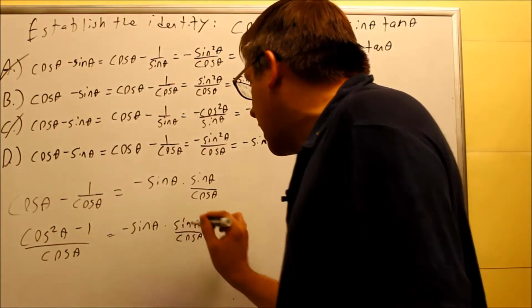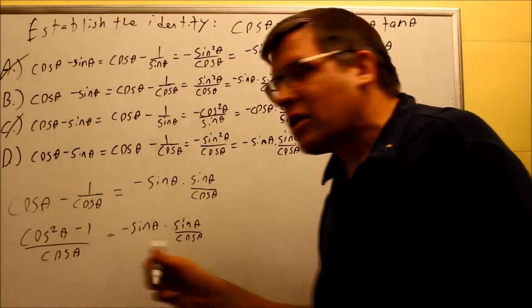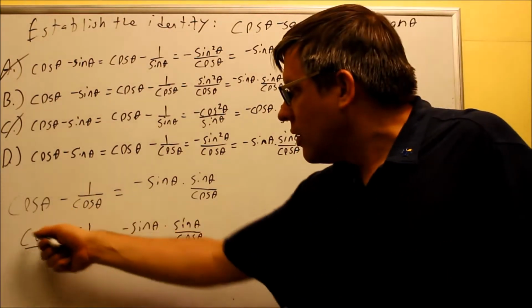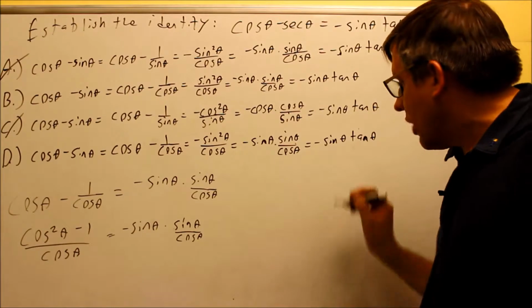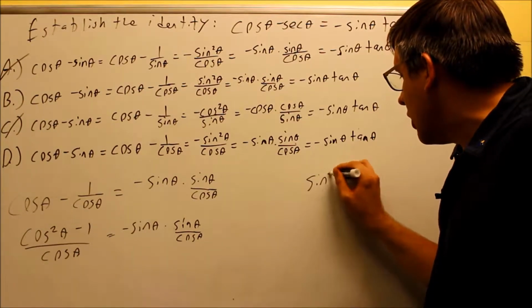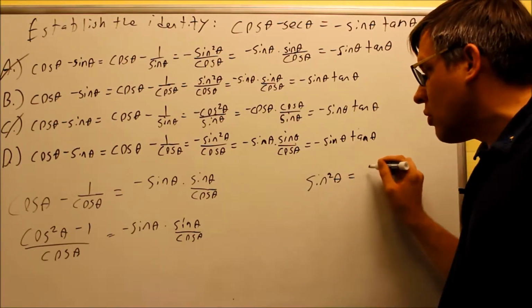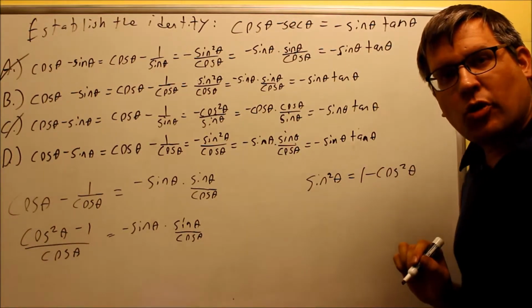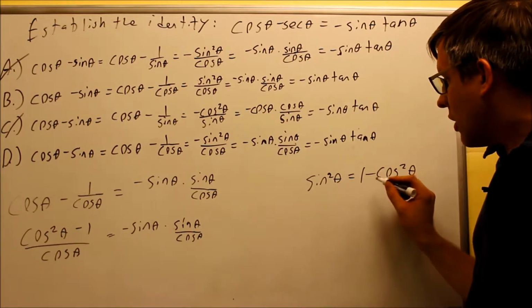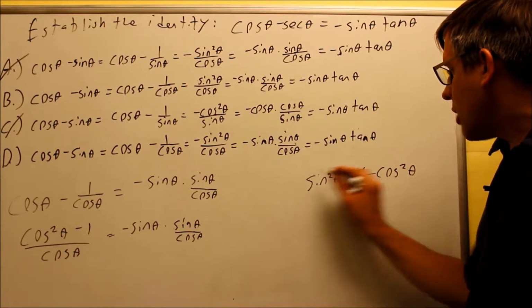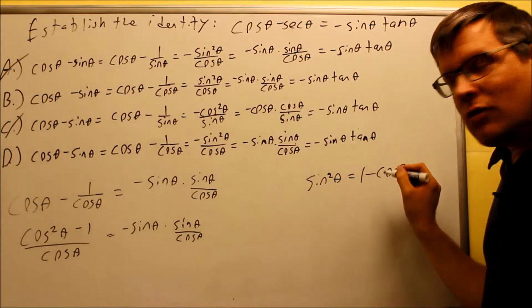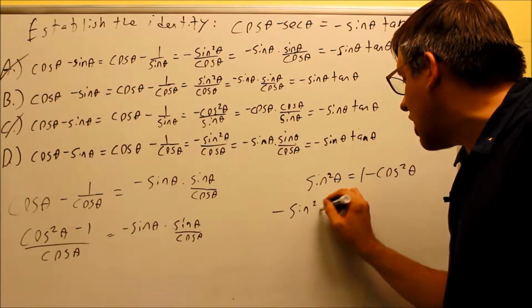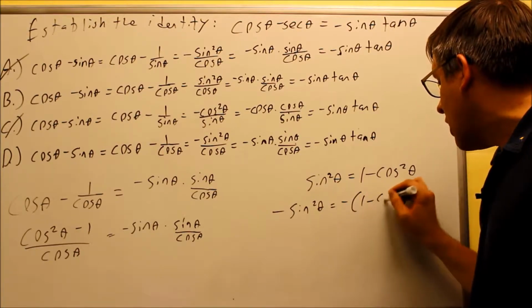Okay. Next, I'm going to look at my list of identities that I had on the board for the previous examples. I want to pick one that looks like this. Now when I look through, I notice that I have sine squared theta is equal to 1 minus cosine squared, but I don't have cosine squared minus 1. So in order to get that to work, if you multiply both sides by a negative, you'll be able to switch the order. So I put a negative sign in front of the sine squared and a negative sign in front of here.